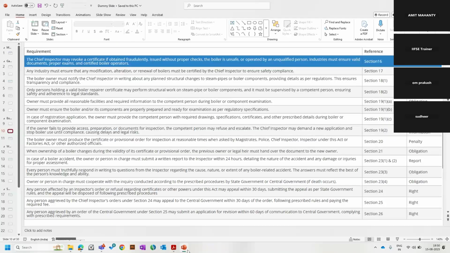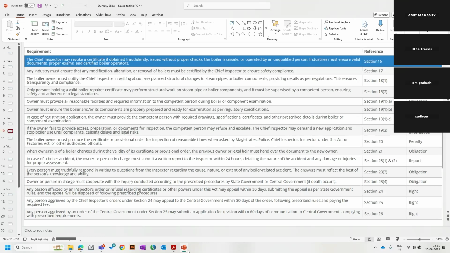Then any industry must ensure that any modification, alteration, or renewal of boilers must be certified by the chief inspector to ensure safety compliance. So any industry, which means every organization, must ensure that any modifications or alterations or renewal of boilers are certified by the chief inspector.